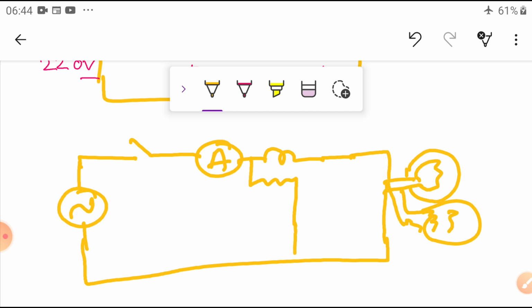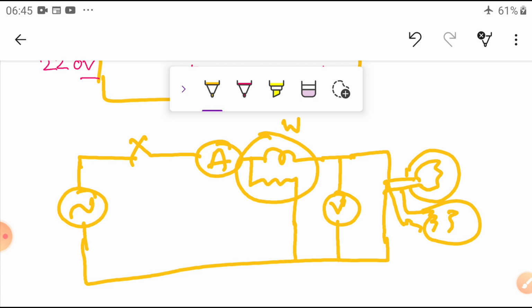Now I connect one voltmeter across the load. When the switch is closed, the current will pass through this. This is the ammeter, this is the wattmeter, this is the voltmeter.